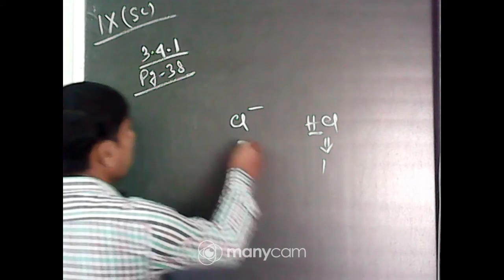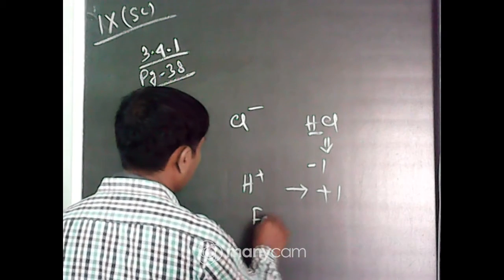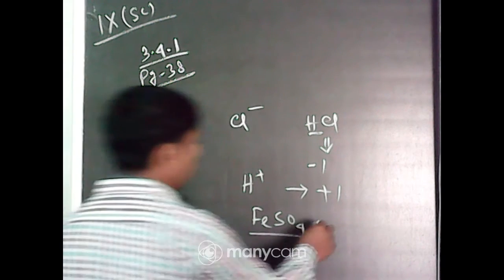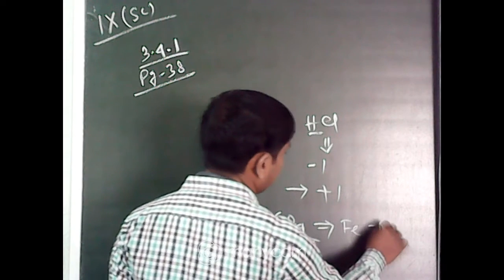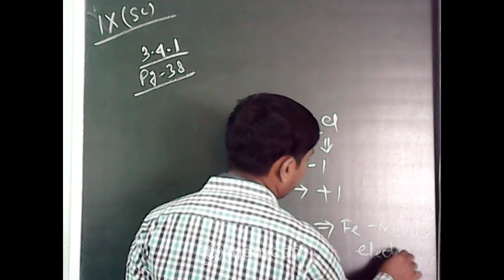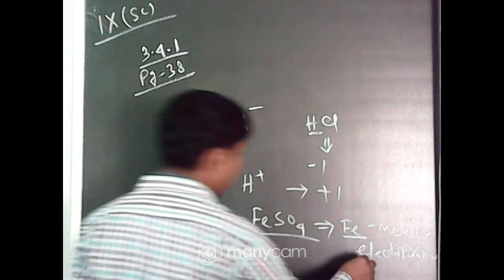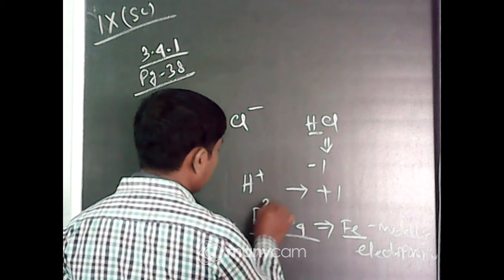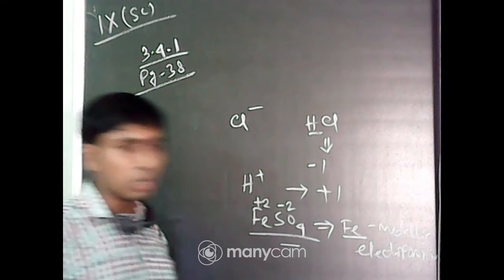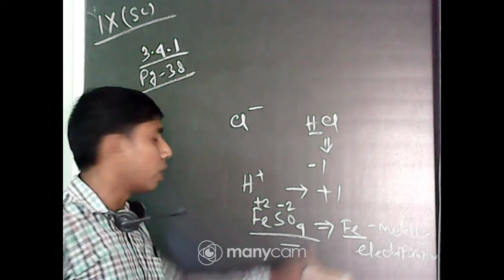Here it is minus, and hydrogen is taken as plus. For example, FeSO4: here iron is the metallic or electropositive part, so it is plus 2. Sulfate is minus 2, because it is an anion of electronegative character.